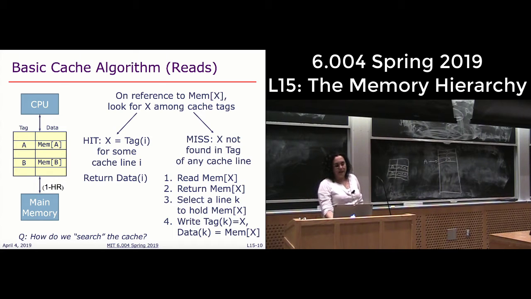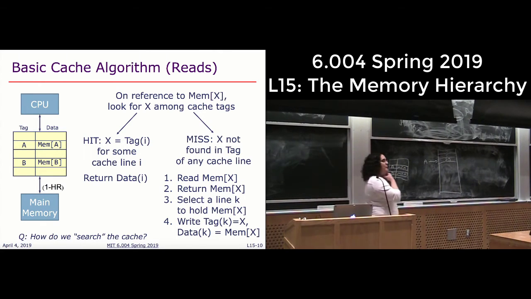So in order to put it into my cache, I first have to select a line where I'm going to put this piece of data that I just brought from memory. And once I select that line, let's call it line K, I'm going to update both the tag to say this corresponds to address X and the data to be the memory that came from address X. Okay? Any questions about that? Great.